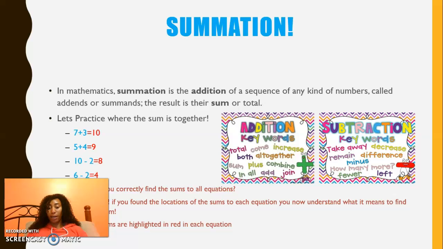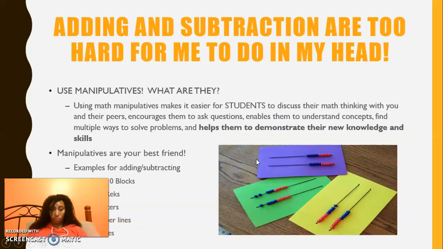So sometimes adding and subtracting can be too hard to do in your head. A good strategy to do without doing it in your head would be to use manipulatives. What are manipulatives?